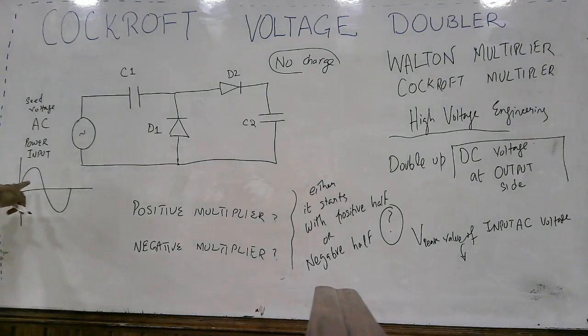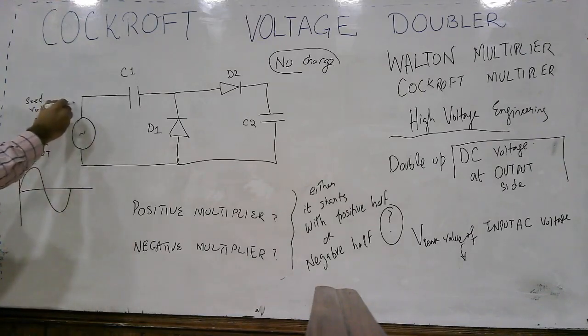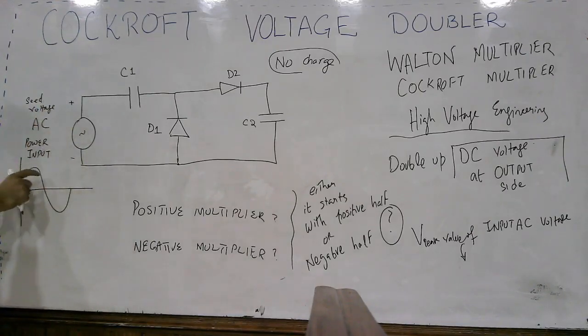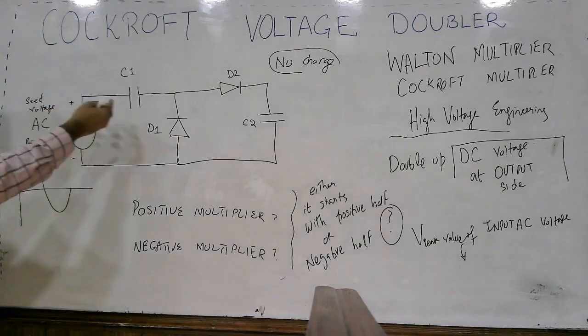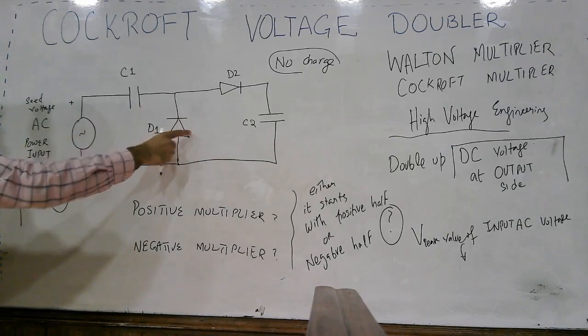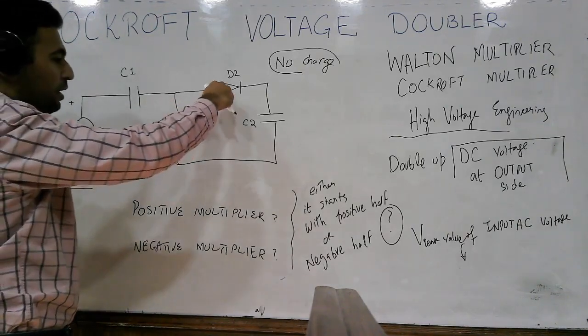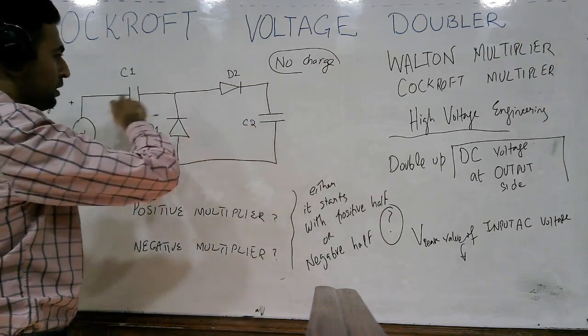Here you have the positive cycle, the positive half. So when the voltage is positive here and negative there during the first half cycle, this diode is reverse biased, and this diode is forward biased and this capacitor is in series.